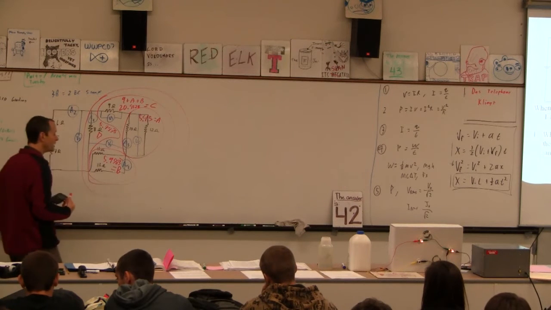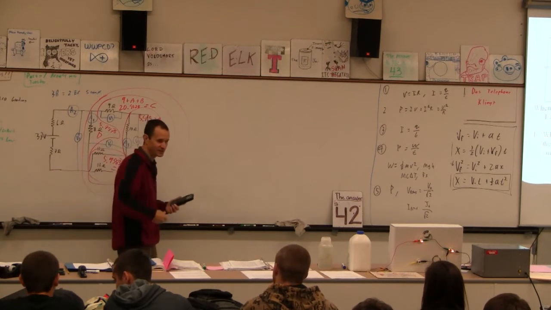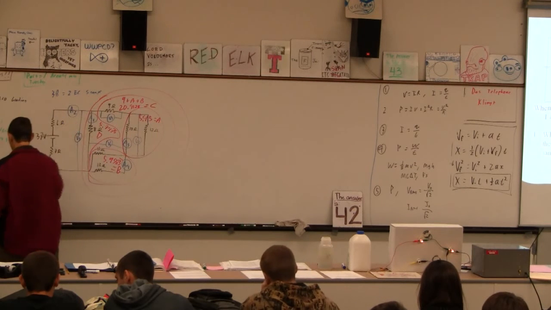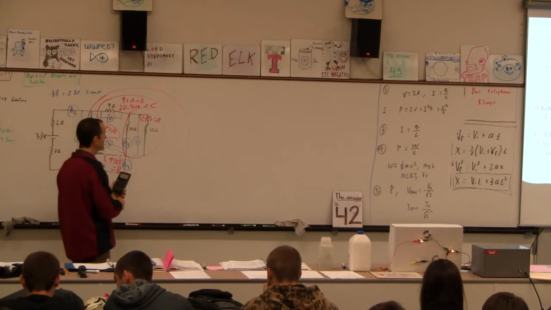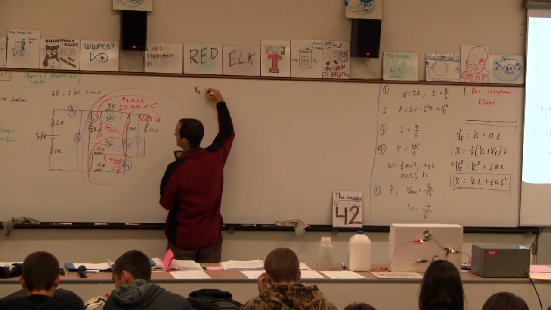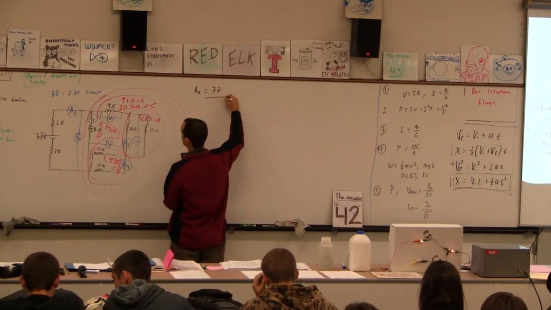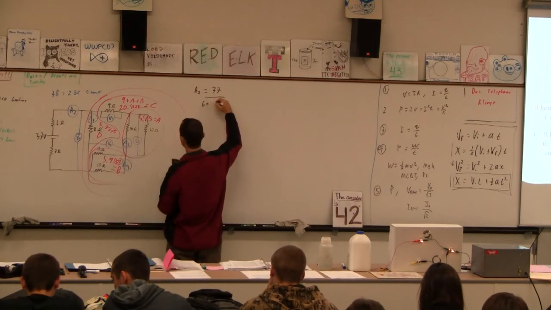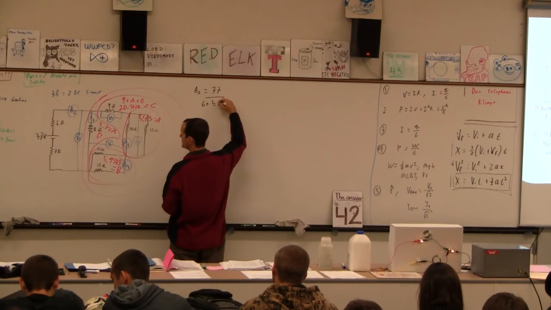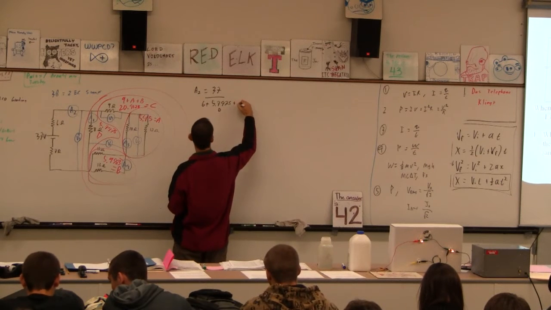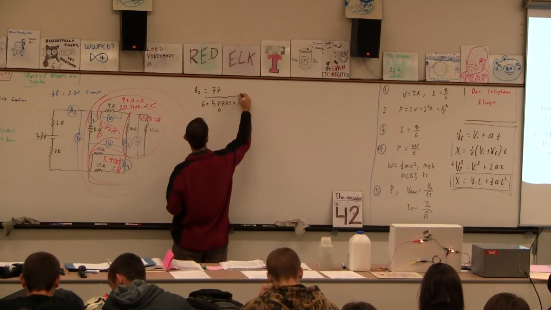So I'll know right away if I'm on the right track, because if I don't get the right current for A2, there's no need going on, right? Okay, so A2 is going to be 37 divided by 6 plus, and then what was that guy? 5.7475. That's my letter D, right? Plus 7, right?